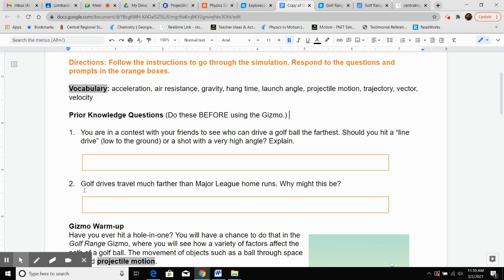But wait a minute. When we did our lab last week, the simulation with free fall, we did the free fall simulation.